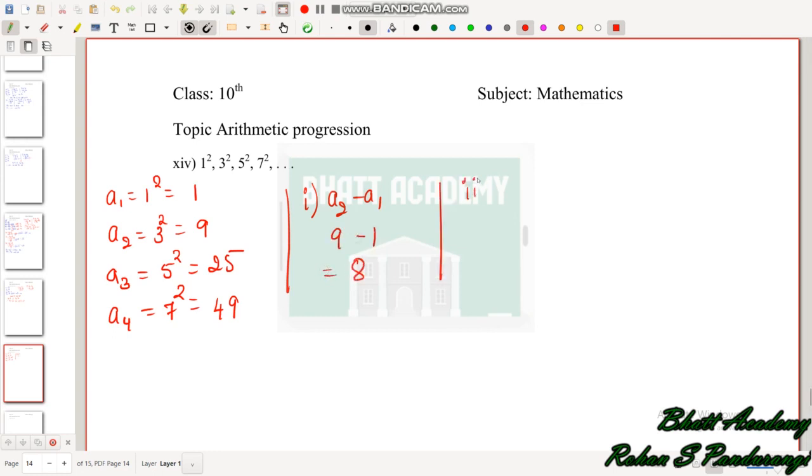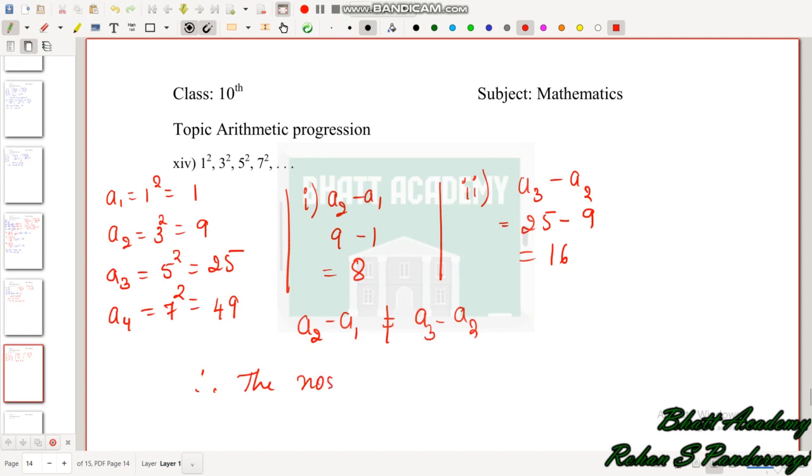Second condition is a3 minus a2, that is 25 minus 9, that is 16. So a2 minus a1 is not equal to a3 minus a2. Therefore the numbers are not in arithmetic progression.